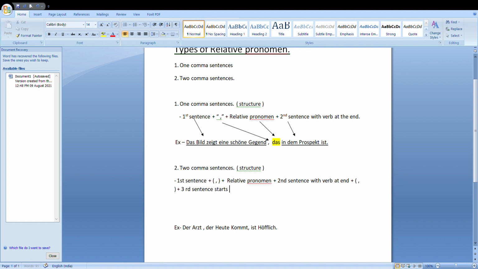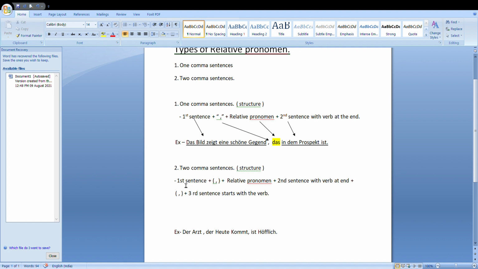So we have the first sentence, then a comma, then a relative pronomen, then the second sentence with a verb at the end, and after that another comma, and then a third sentence starting with the verb.